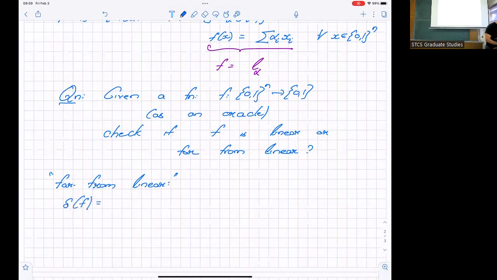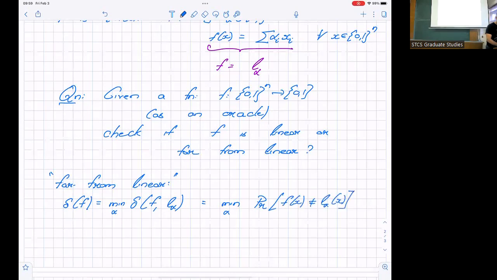Delta f is the distance of f from the linear functions: the minimum over all alpha of delta f alpha, which is the probability that f of x is not equal to L alpha x. So you find the closest linear function to f. That's how far it is from being linear, because if you change that many locations, this becomes a linear function. This is what we will call delta f.